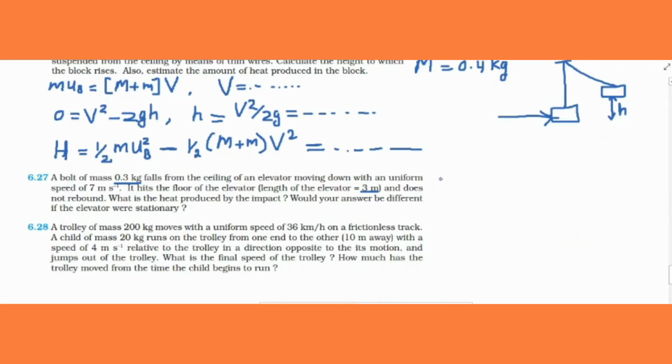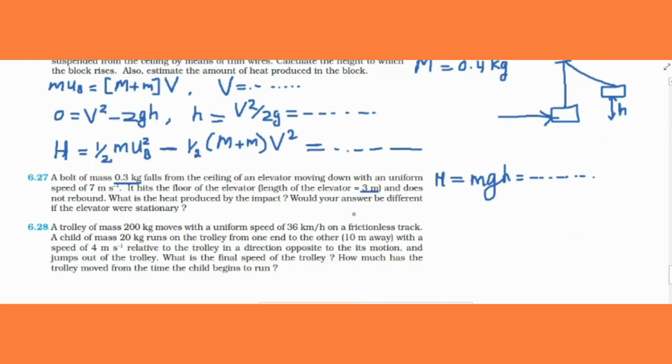Therefore, how much heat energy is produced? We can say heat energy H is equal to mgh. Again, I repeat, first at the height h, that is 3 meters, it has potential energy. Potential energy is converted into kinetic energy, and when it hits the floor, the whole kinetic energy is converted into heat energy. So you can find the answer.